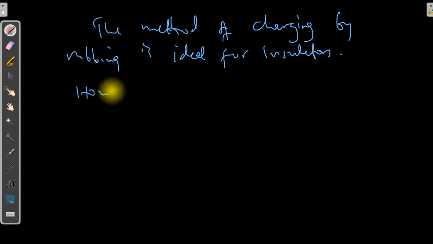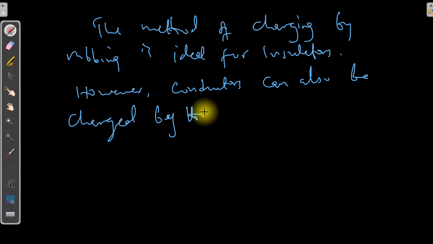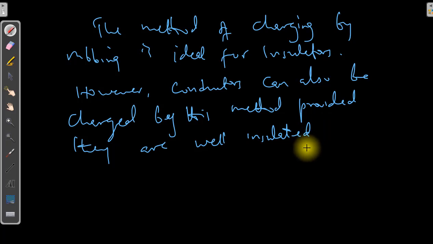However, conductors can also be charged by this method, provided they are well insulated and isolated from the earth, which may take away or add electrons to them.